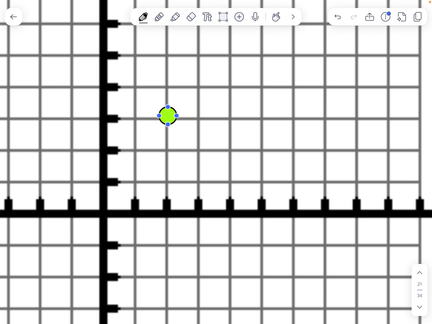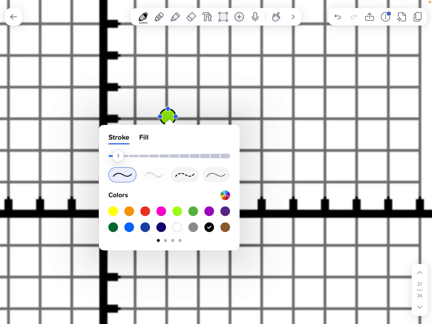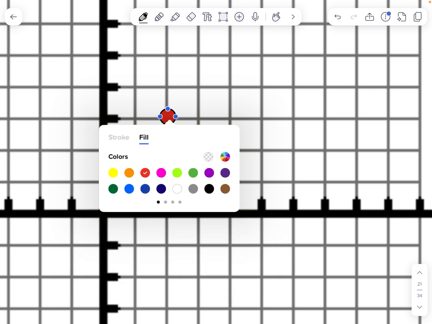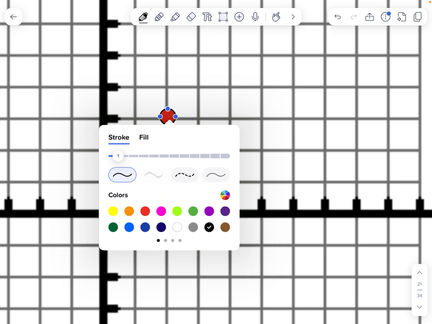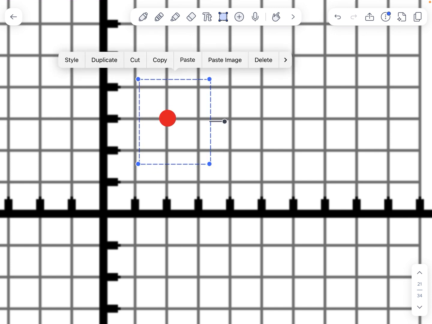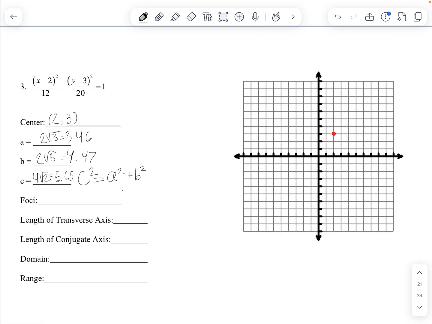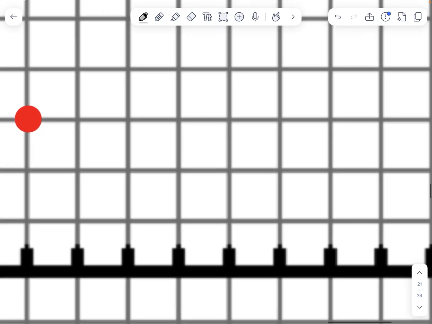So this point is at 2, 3. And now for the vertices. So 2 root 3 equals 3.46.